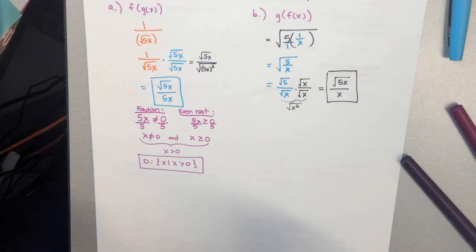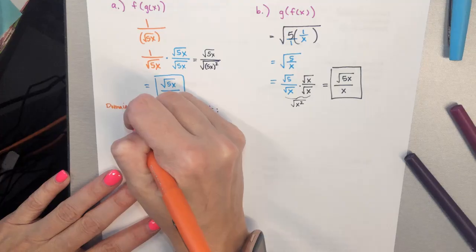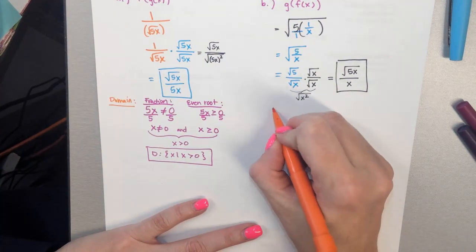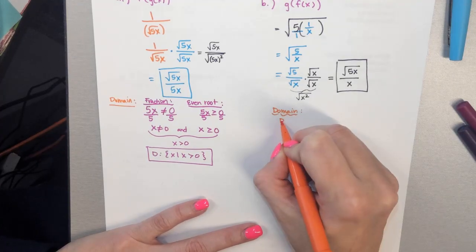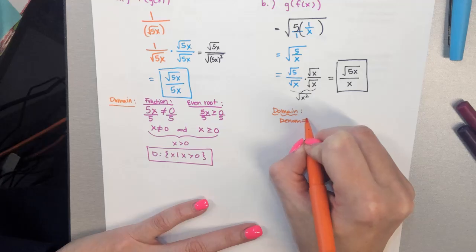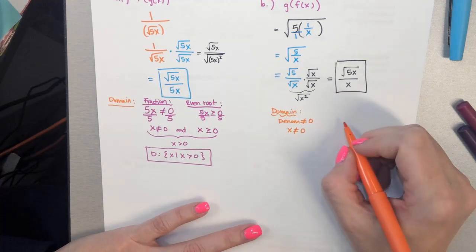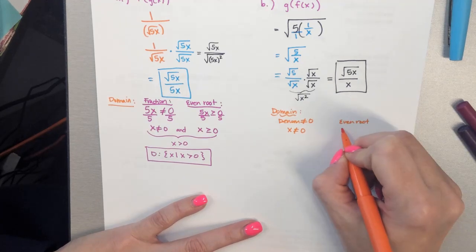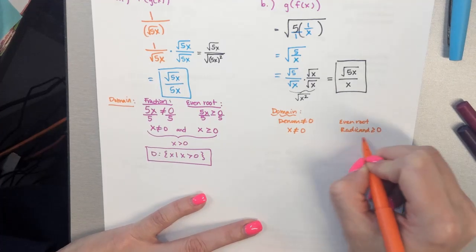Okay, so then for your domain, again, you have two situations, right? You have a fraction, so the denominator can't be 0, which means x can't be 0. You have an even root, so your radicand has to be greater than or equal to 0.